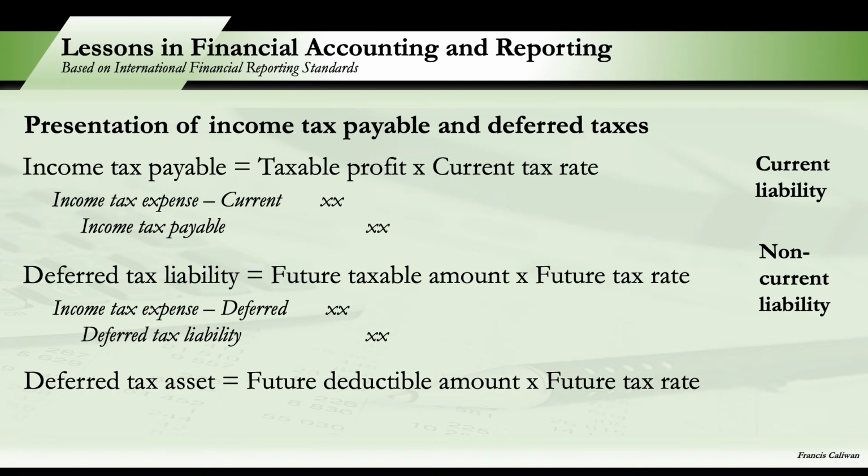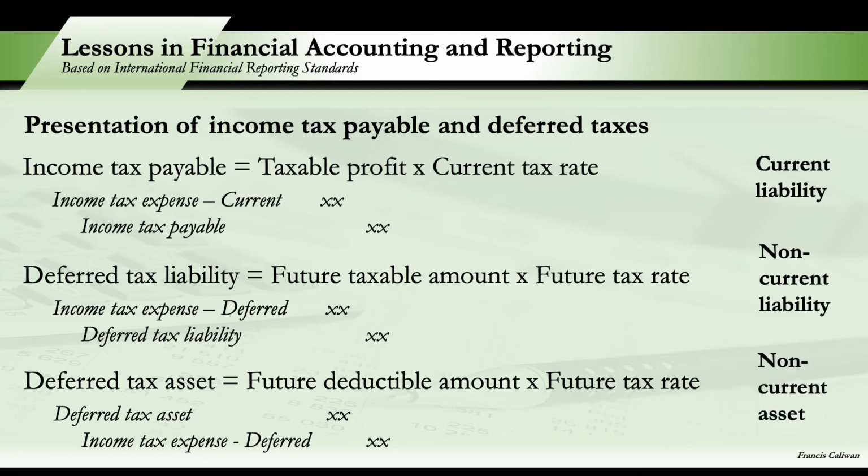And finally, for our deferred tax asset, the formula is future deductible amount times the future enacted tax rate, and the entry to record deferred tax asset is debit deferred tax asset and credit income tax expense deferred. And deferred tax asset is presented as non-current asset in the statement of financial position.